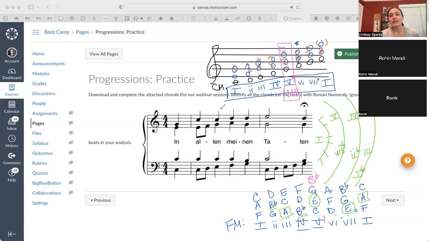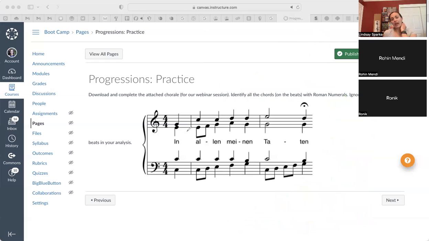Let's clear this out for a minute because this looks really confusing, and go ahead and do the progression. I think it will become clearer as we use some of these terms. So we said we're in C major. I will give you a hint.